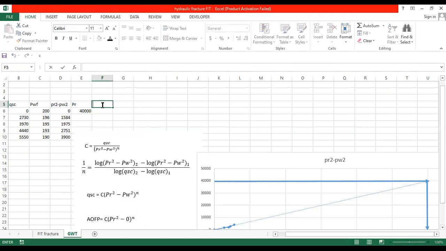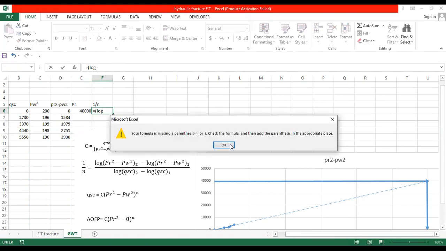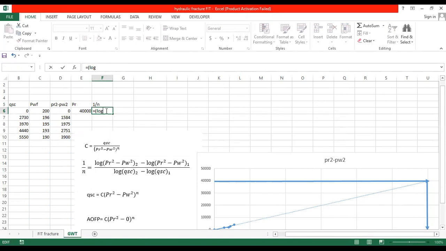I'm going to get the value of 1 by n as, here we already have the numerator values, PR square minus PW square. So I'm going to take simply log, second point, I'm taking this log, second point.